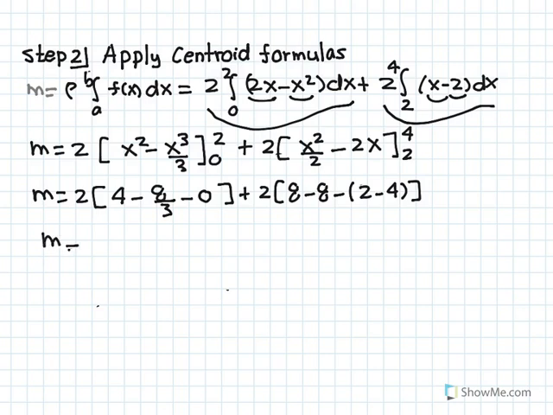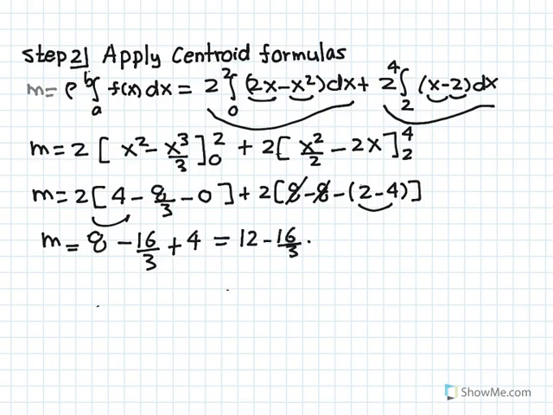Mass is equal to 2 times (4 minus 8 over 3), plus 2 times (8 minus 8 cancels out to 0, minus 2 minus 4 which is minus 2), and minus times minus is plus, 2 times 2 is 4. 8 plus 4 is 12, minus 16 over 3. Adding these fractions, taking a common denominator, we get 36 minus 16, divided by 3.